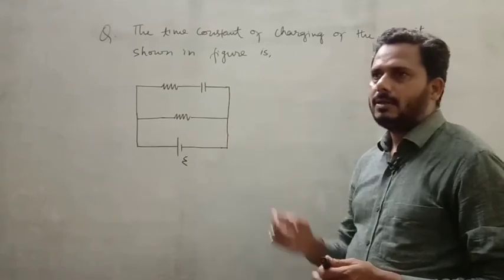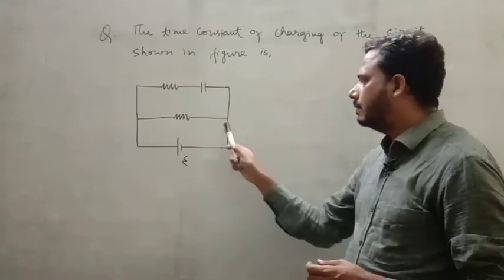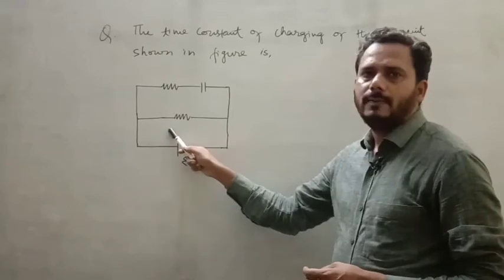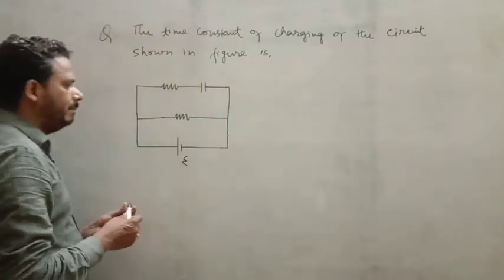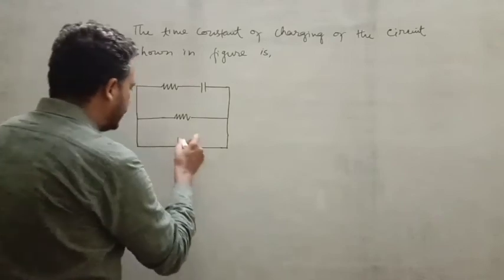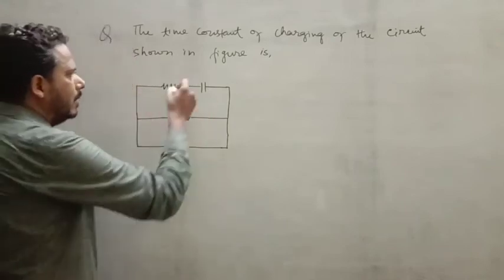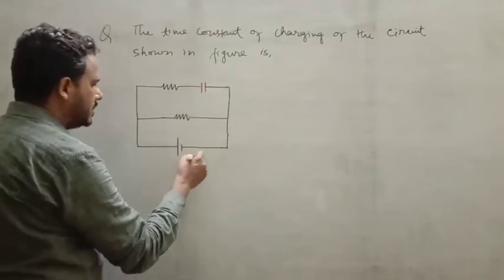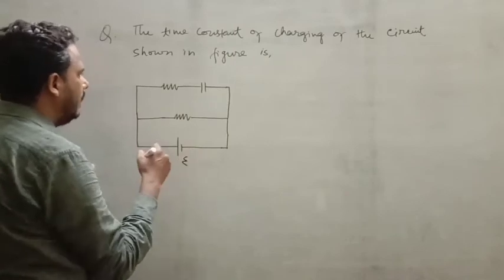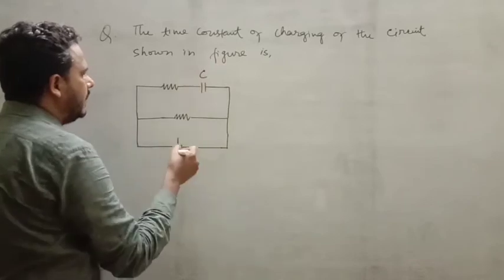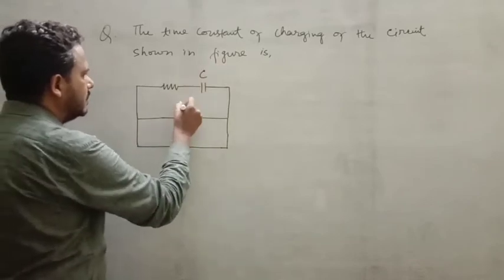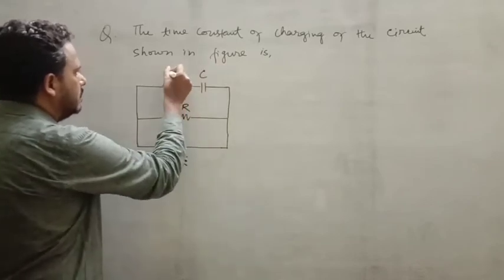But one thing is different, that one more resistor is there. So no issue, you just suppose that this one is an EMF giving energy to the circuit. Its EMF be E, your capacitor be C, your resistor be, suppose, R, and this one be 2R.